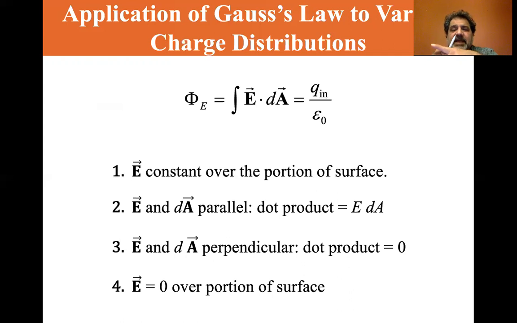If they're perpendicular, the cosine of 90 degrees is equal to 0, so E dot dA is E dA cosine of 90 degrees, which is 0. And E could be equal to 0 over a portion of the surface.